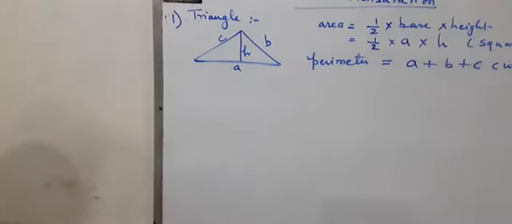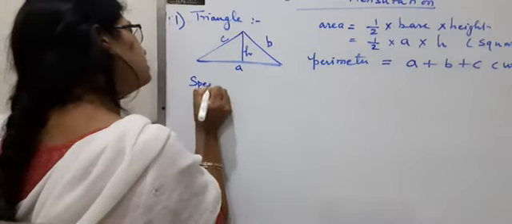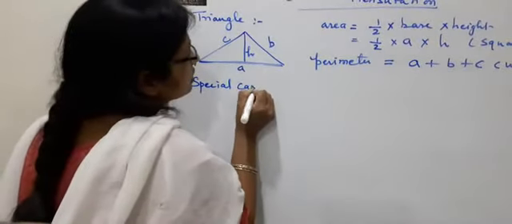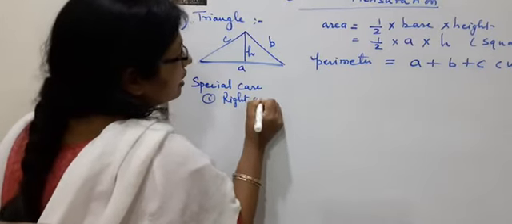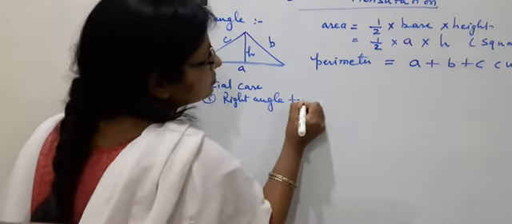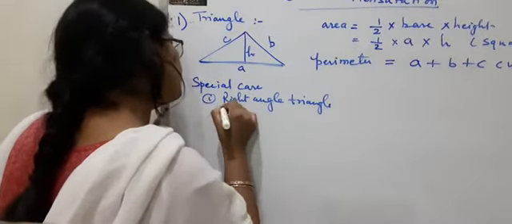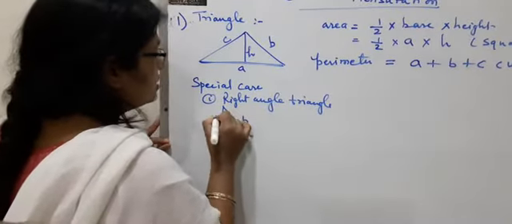Special types of triangle. In special cases, first is the right angle triangle. In a right angle triangle, this is the figure ABC.